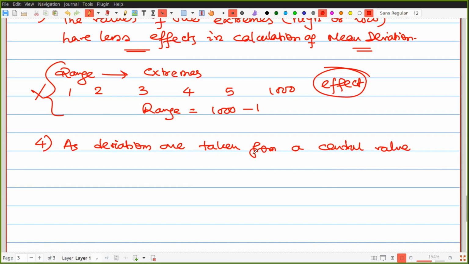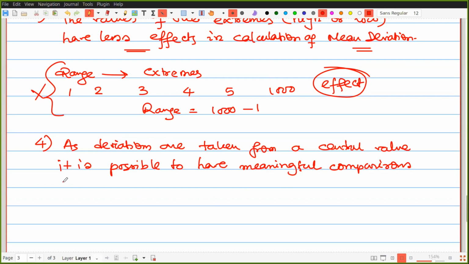So as deviations are taken from a central value, it is possible to have meaningful comparisons of the formation of different distributions.